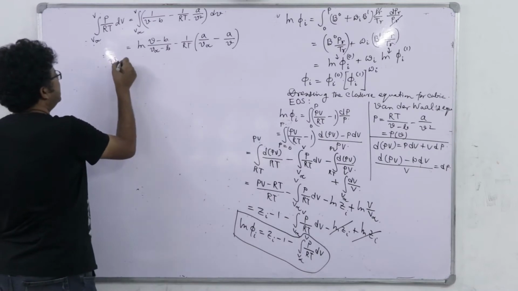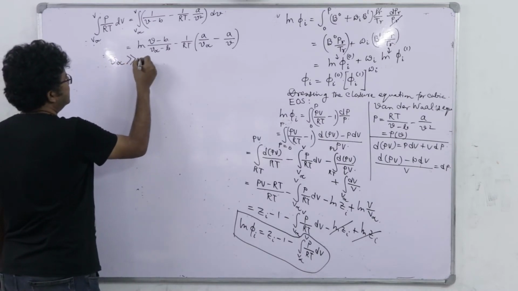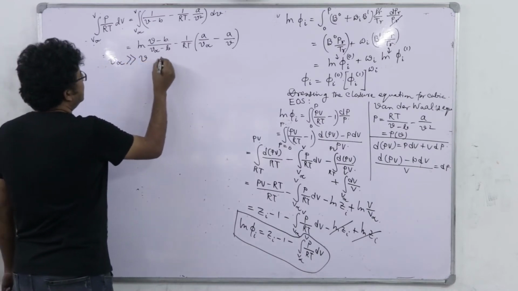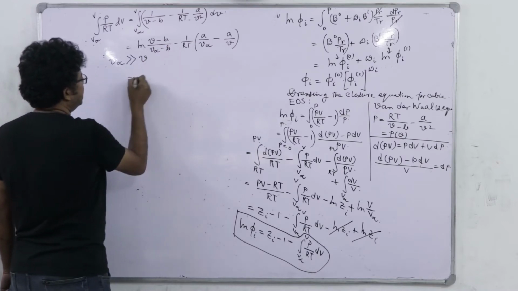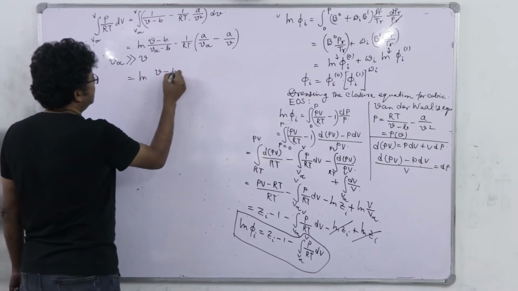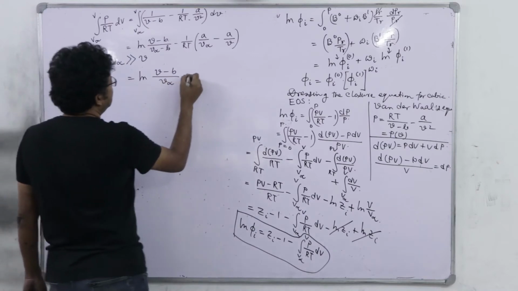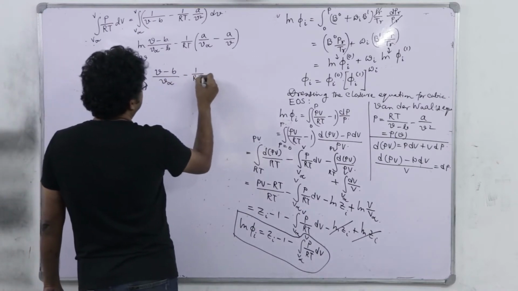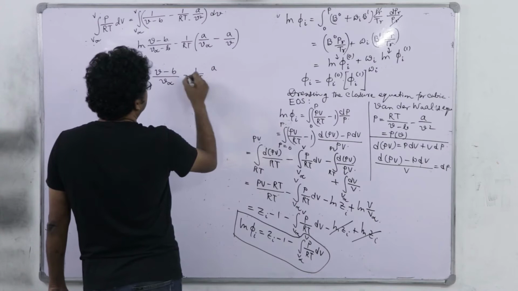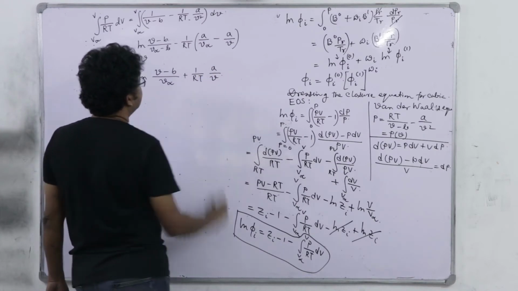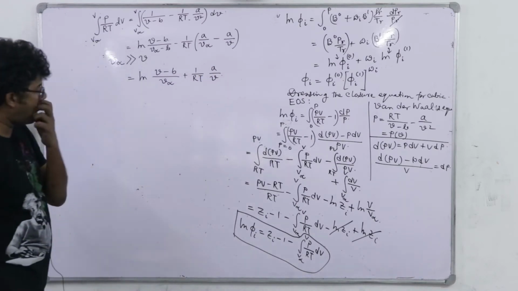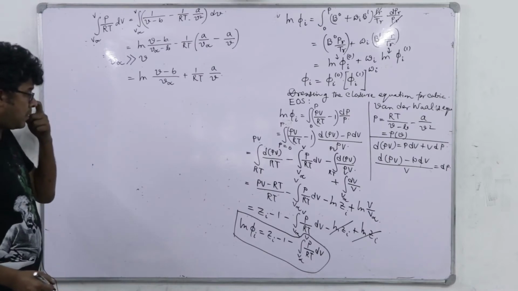Now, you see this V infinity is much larger than V itself. So, this term in the denominator we can neglect and can write V minus b divided by V infinity. Minus 1 by RT here it will be plus a by V.